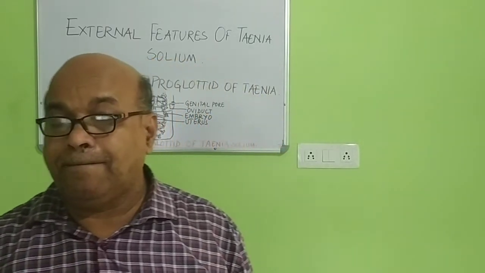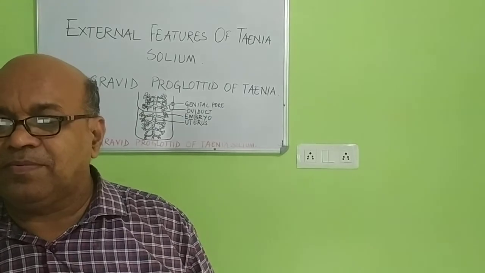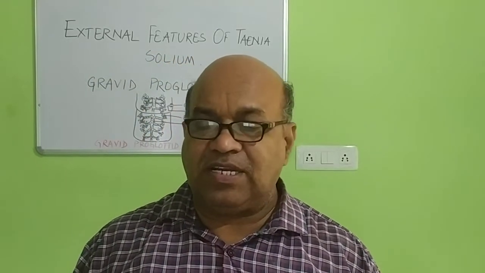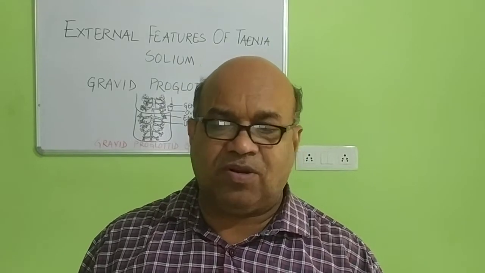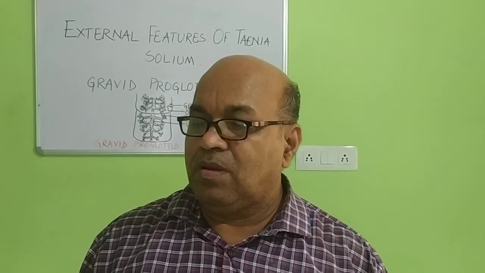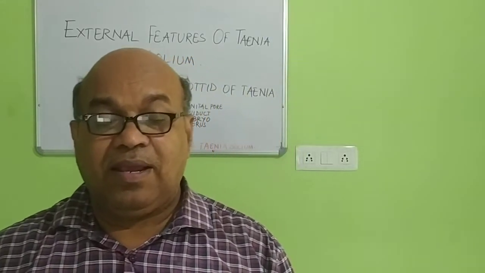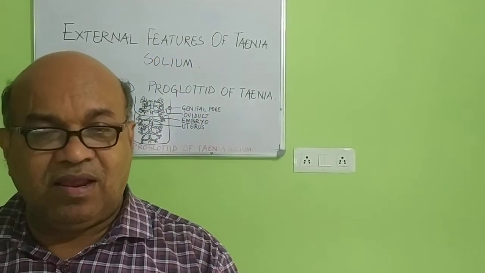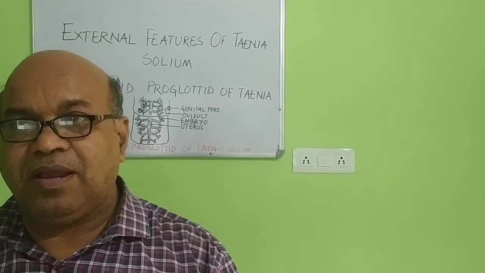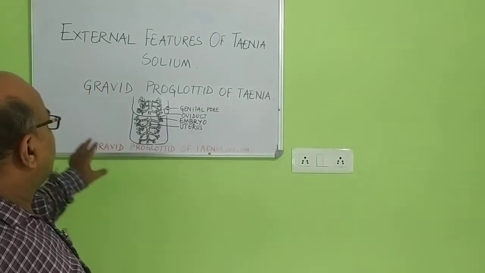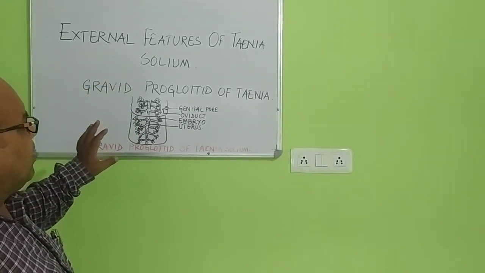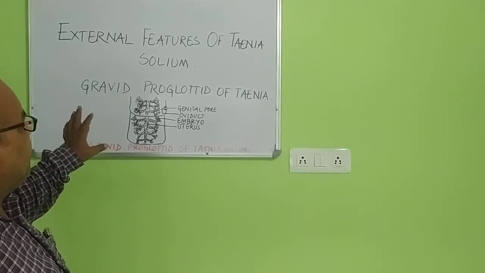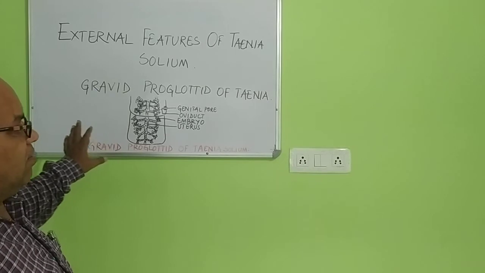Today I will explain to you the external features of Taenia solium, and in those external features I will narrate about the mature proglottids of Taenia, specifically those which have completed the process of reproduction.